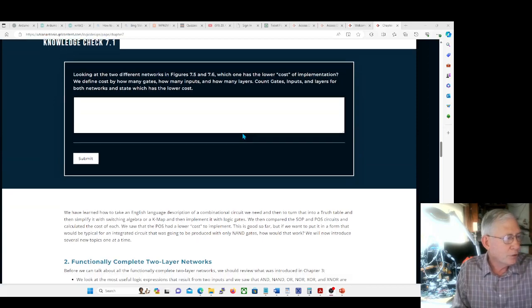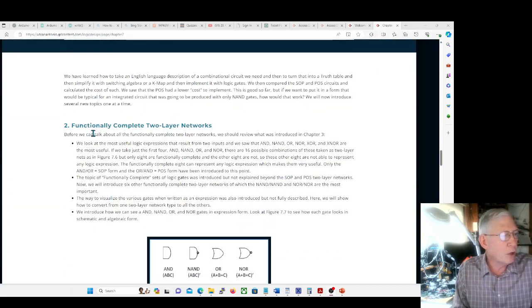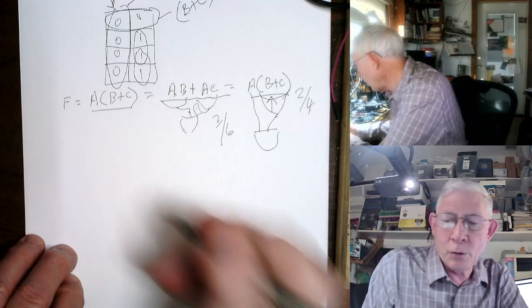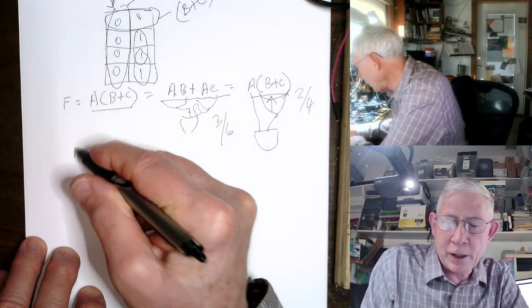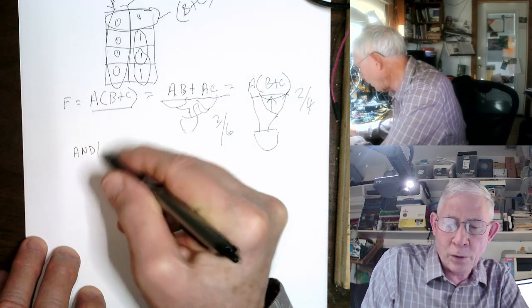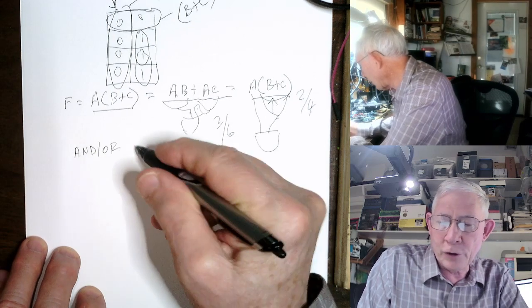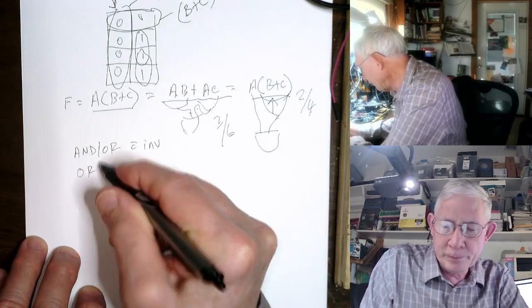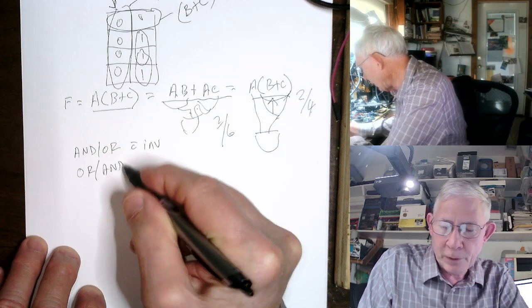All right. So we did talk about functionally complete 2-layer networks, and if you'll remember, we've done several of those. First off, we have AND, OR, and you also have to have inverters.